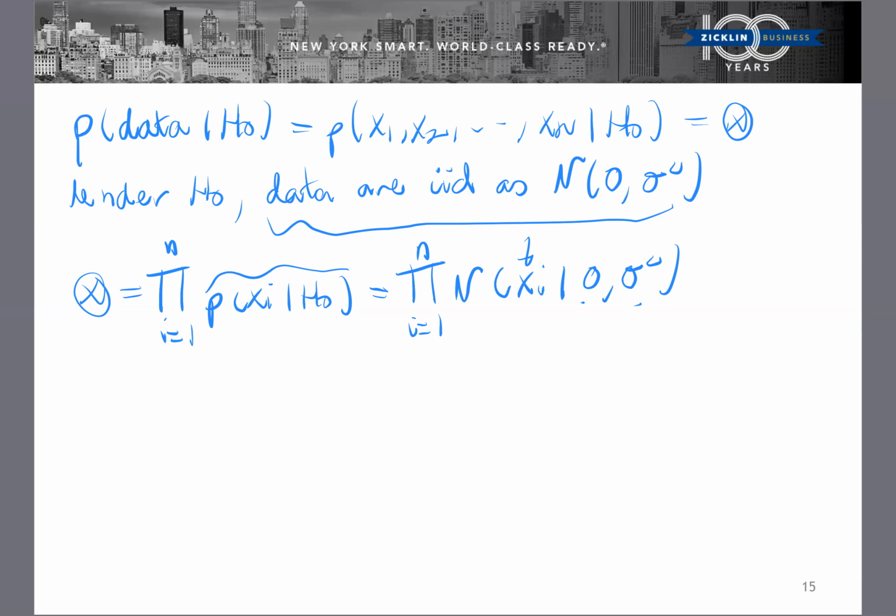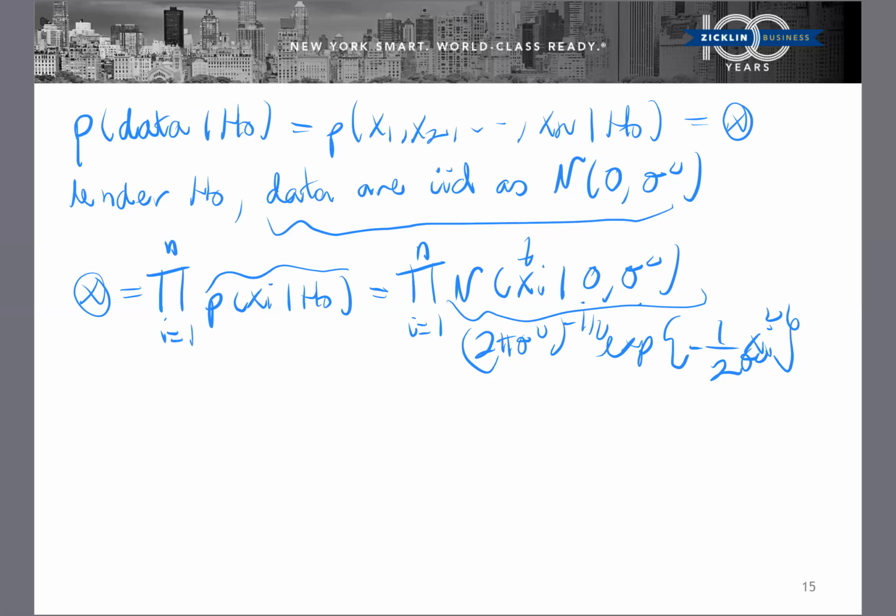Otherwise it's the square root of 2 pi sigma squared times the exponential of negative xi squared over 2 sigma squared. That was fast, but I think it's fine. So we got this piece down.